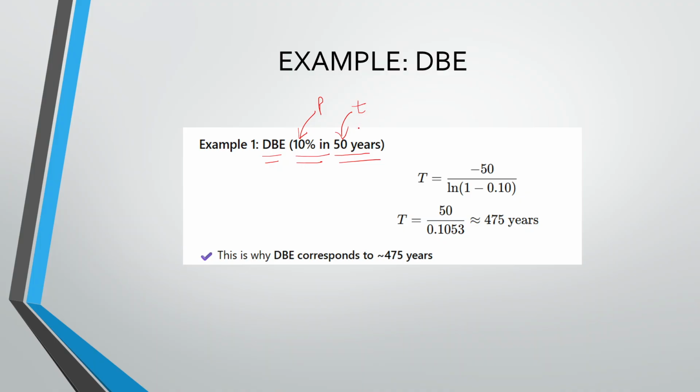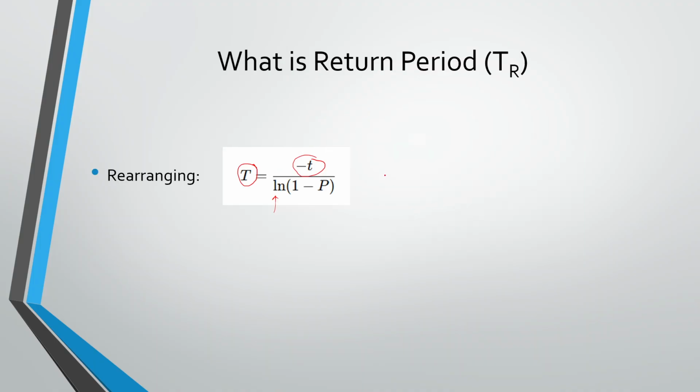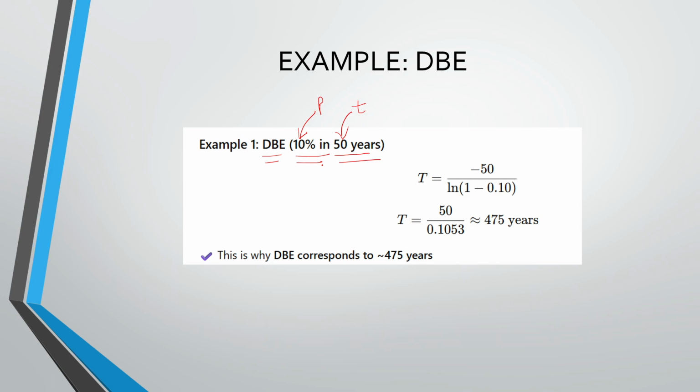If you use those values in this equation, as I have put here, this is small t, 50 years, this is the probability P, 10%, and the remaining things are there. If you solve, you will get T equal to 475 years. What does it mean? It means 10% probability of exceedance of a certain ground motion in 50 years.